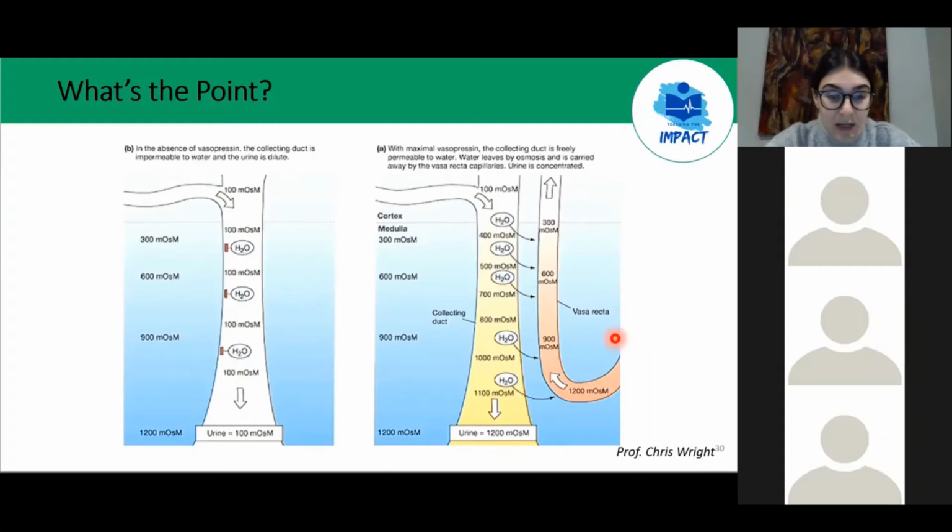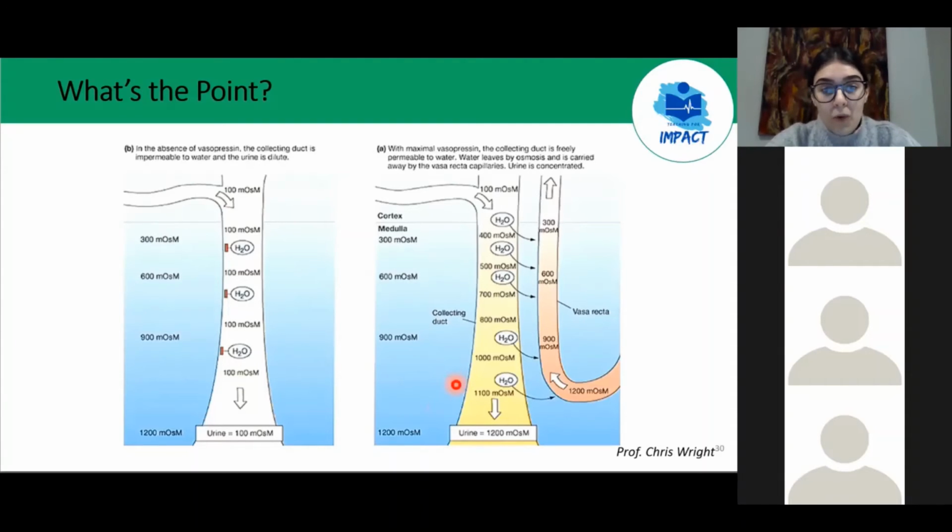When we release ADH in response to the blood tonicity being really increased, it inserts little aquaporins, or little pores, into the collecting duct of the tubule. And these pores allow water to escape. The only reason that water can escape is because we've concentrated this medulla so well.